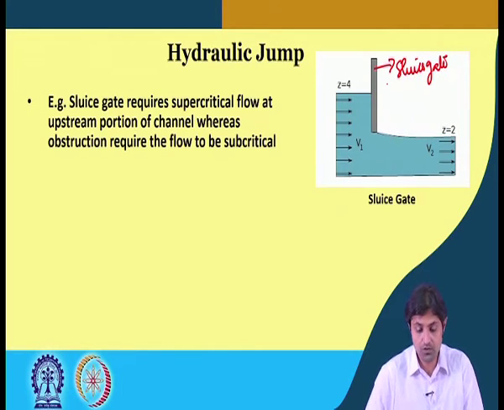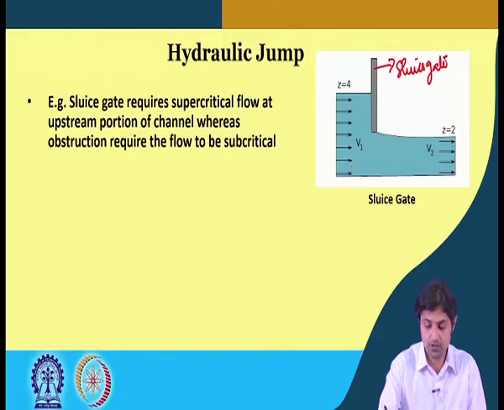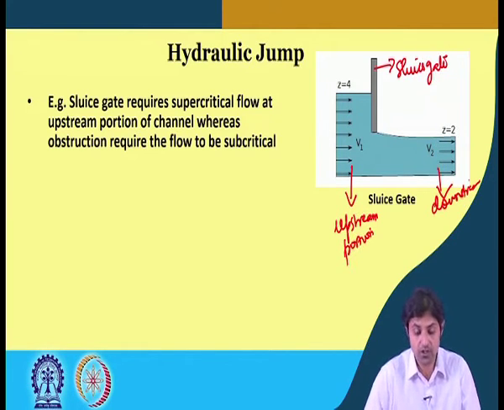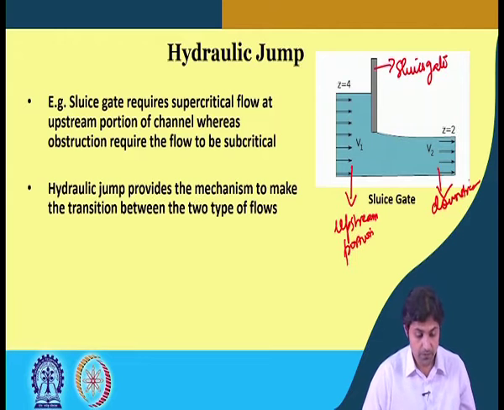The sluice gate requires supercritical flow at the upstream portion of the channel, whereas the obstruction downstream requires the flow to be subcritical. Okay. This phenomenon called hydraulic jump provides the mechanism to make the transition between the two types of flows. Okay.